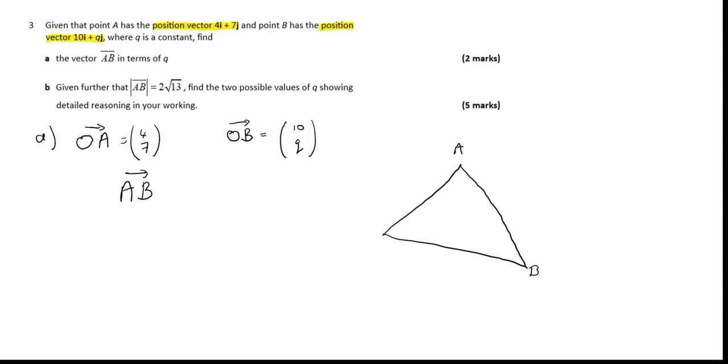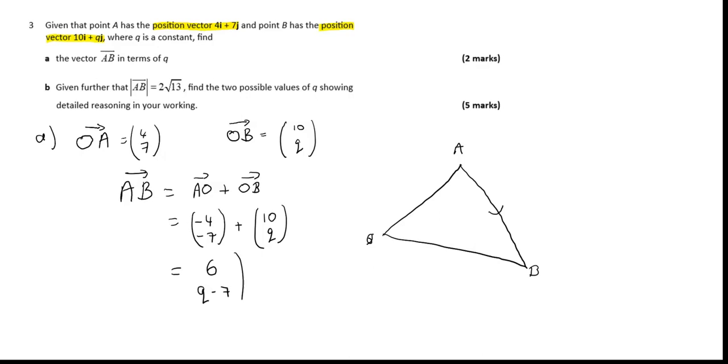To get from A to B, I can go from A to O and then from O to B. So A to O plus O to B. And A to O is going to be the negative version of O to A, so it's going to be minus (4, -7) plus O to B, which is 10i plus qj. So that's going to give us 6i plus (q plus 7)j.